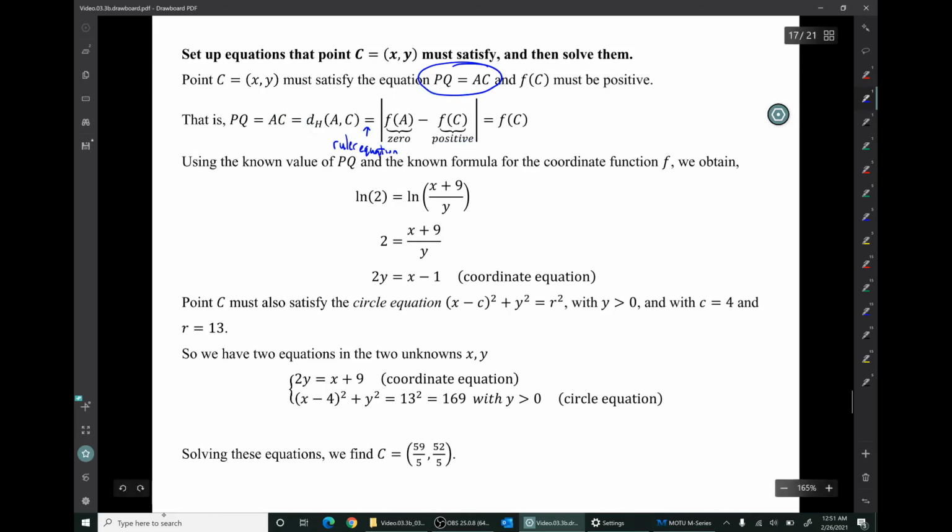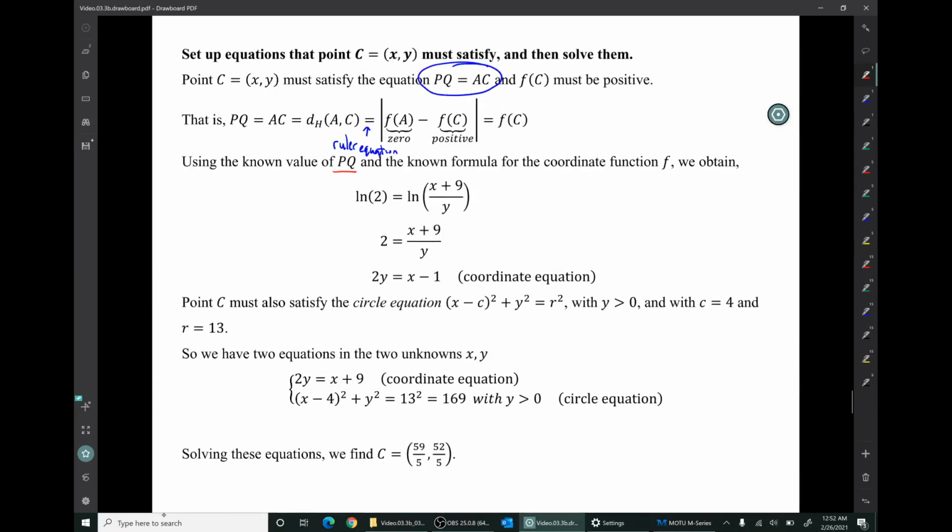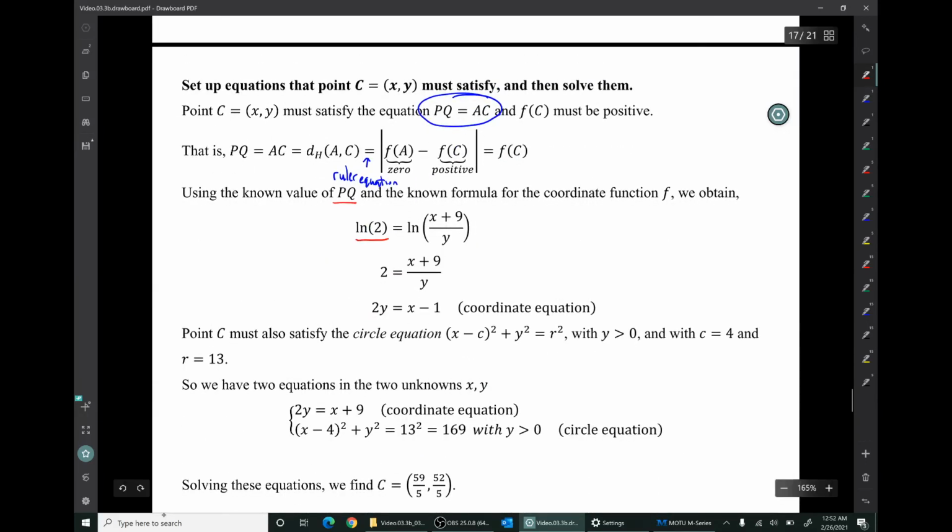And we have a special ruler, so the coordinate of A is 0, and the coordinate of C we know is going to be a positive number. So this whole calculation is just going to equal the coordinate of C. Now we have a known value for the distance PQ. A while ago we found that the distance from P to Q was ln of 2.